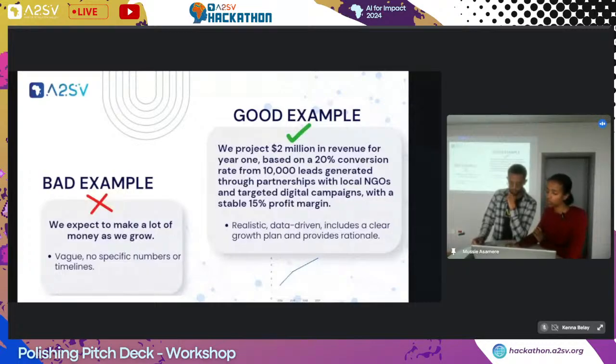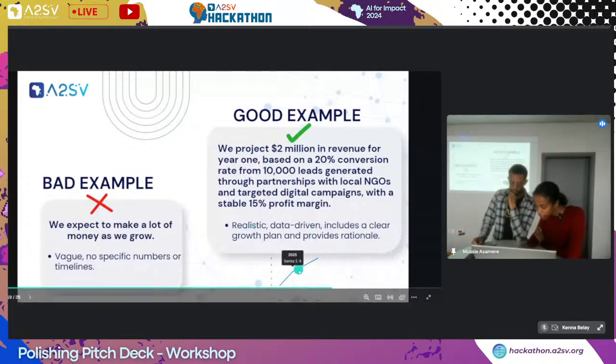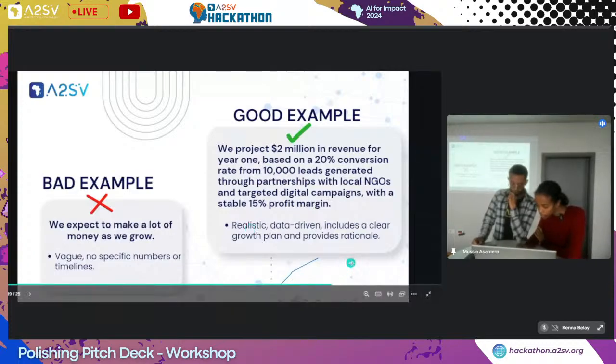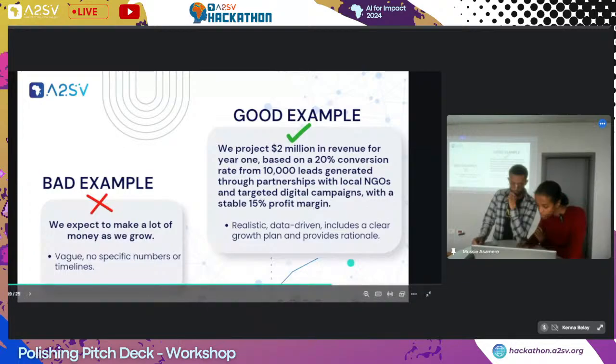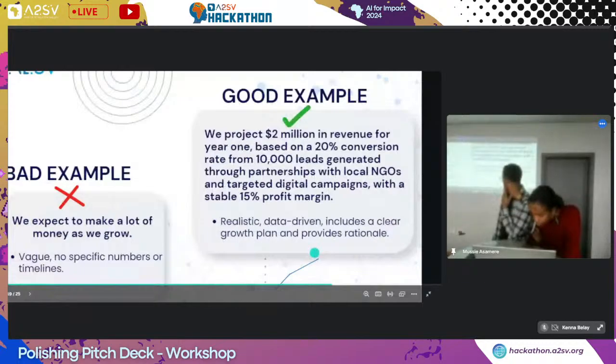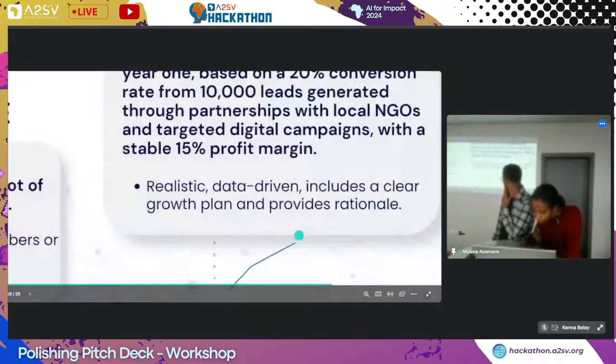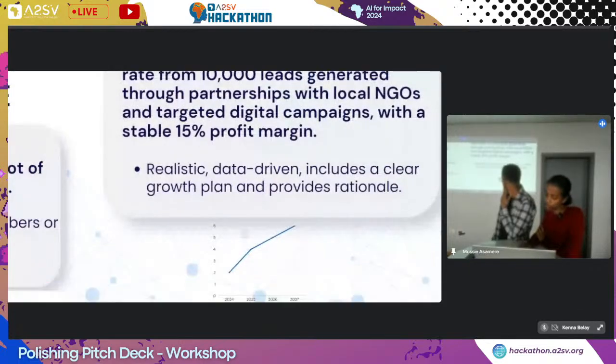profit margin. So here we have a visual, like a line graph. At the bottom, we have the projected years, showing how we expect our financial projections to grow.